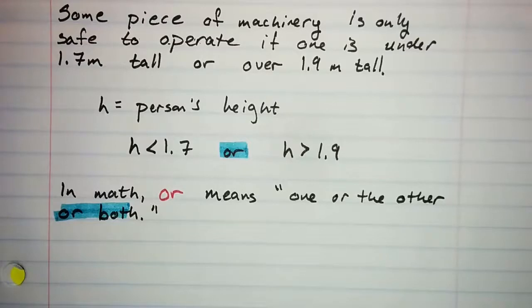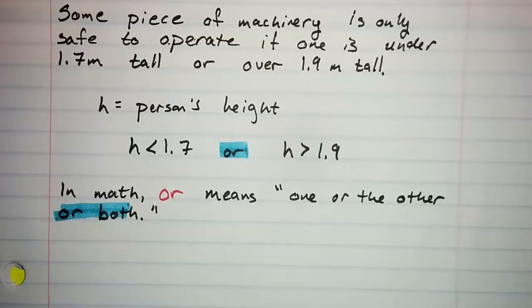In everyday English, it often isn't, right? At a restaurant, they'll say, your meal will come with soup or a salad. If you try to get both, you have to pay extra. If you're walking through the forest in the 10th century and I leap out and point a bow at you and say your money or your life, and you give me all your money and I still shoot you, you're going to be really mad.